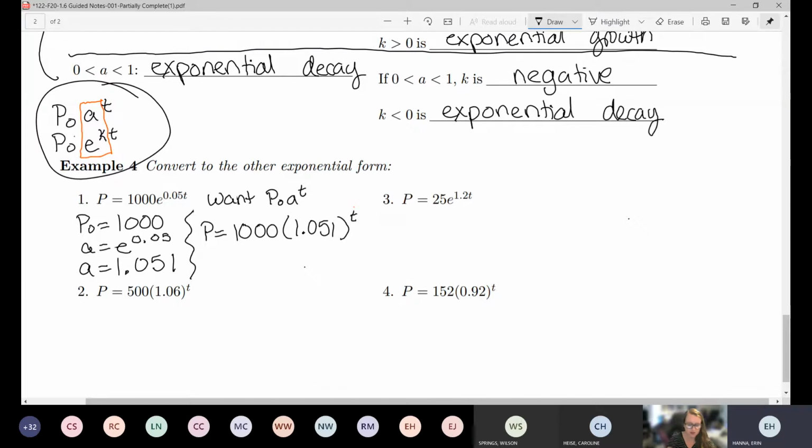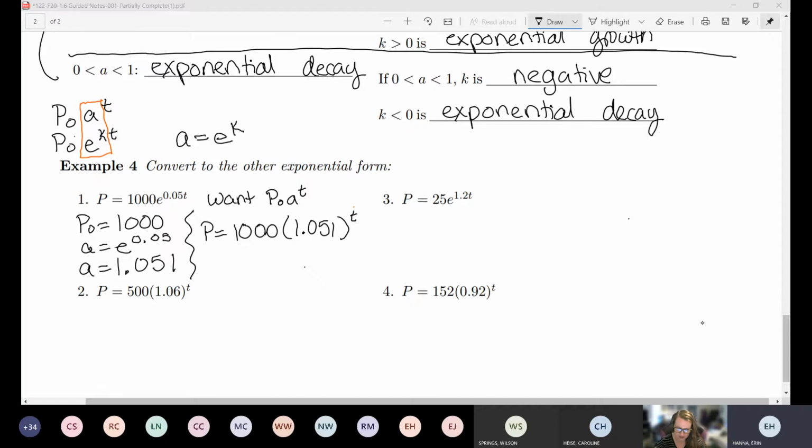Then the only thing we need to make sure of is that a is equal to e to the k. If we allow that, then these 2 things must match up. That's what we did in this first one. We let p naught stay p naught, and we set a equal to e to the k. We had e to the k, so we just punched that into a calculator.